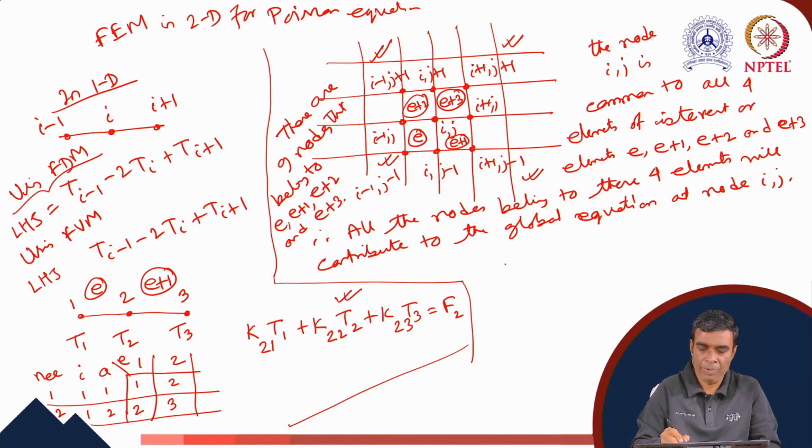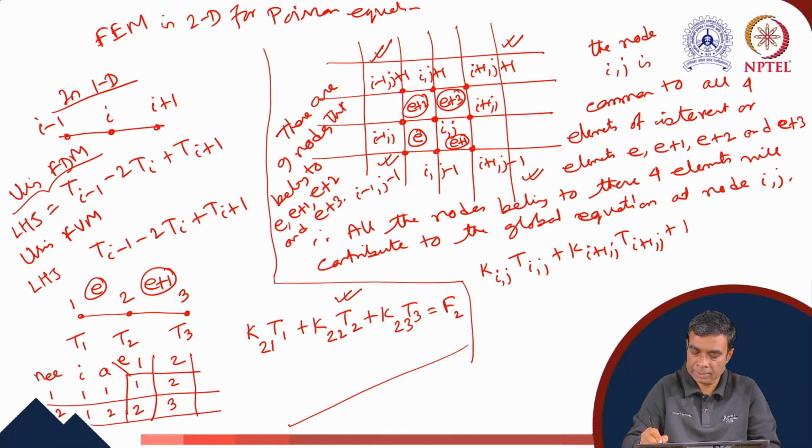So when we write the ijth equation, we can write it as k ij Tij plus k I plus 1 j T I plus 1 j plus k I minus 1 j T I minus 1 j plus k I j plus 1 T I j plus 1 plus k I j minus 1 T I j minus 1.